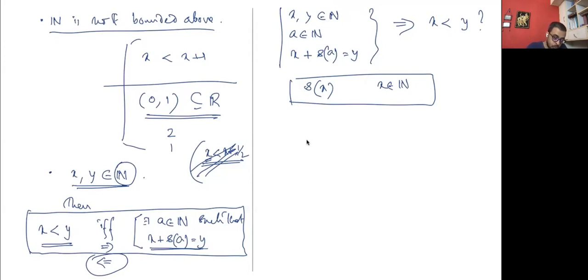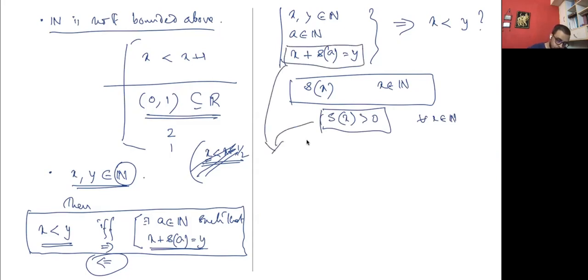Okay. So this we know for all x belonging to N. These two together will tell you that, maybe I should not use x here.